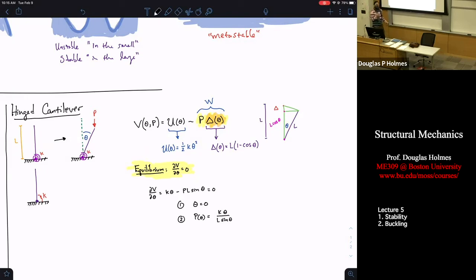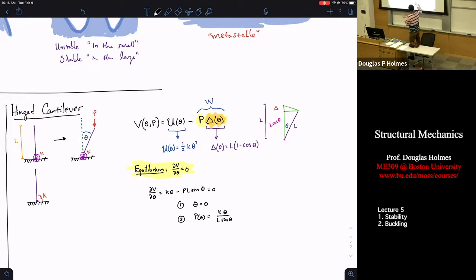So if you remember in the review paper, I talked about there's kind of two fundamental instabilities, buckling and snapping. And the primary difference between the two of them is that buckling has 2 or more equilibrium paths. And what happens is you start on one path and you typically switch and jump to a different path.